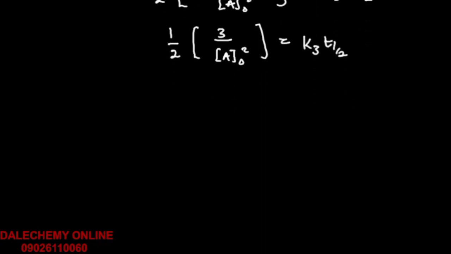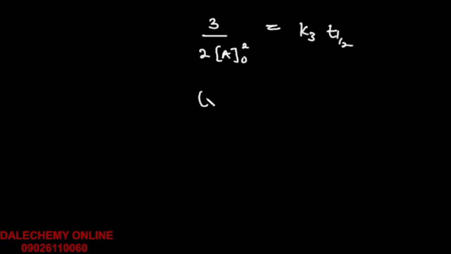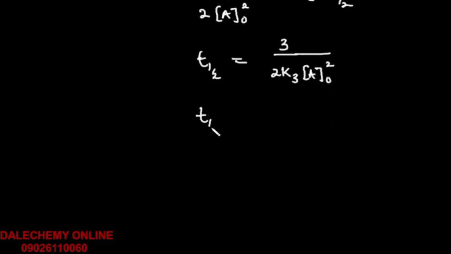Now to find the half-life, of course, you just make it the subject of the formula, and from there you can have 3 over 2 a naught square equal k3 t half. So then from here we have the half-life of a third order reaction to be 3 over 2 k subscript 3 a naught square. So this shows that the half-life of a third order reaction is inversely proportional to the square of the initial concentration.